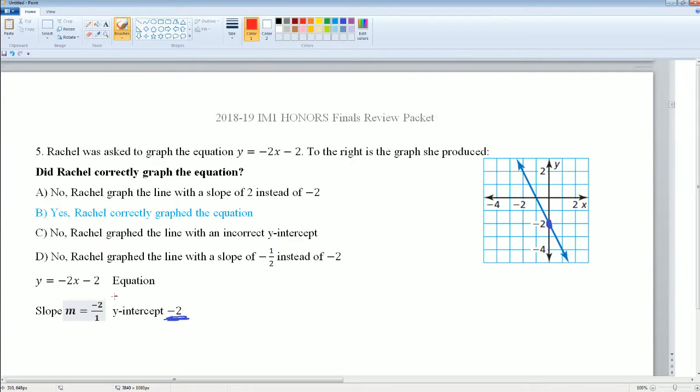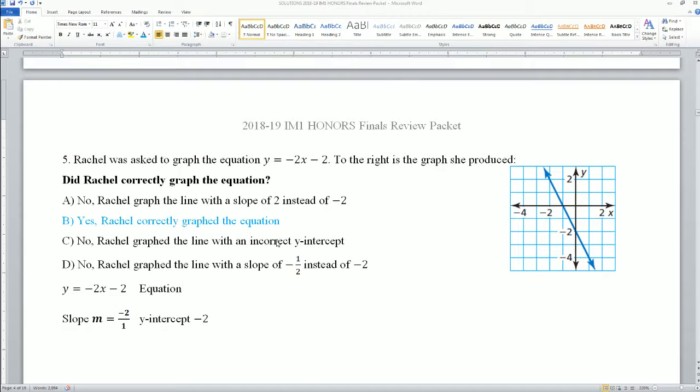The slope here says I go down, and this says I need to go to the right. So I go down 2, then I go right 1. So there you go. That is why it's graphed correctly. Alright, so there you go. That is the first part of the final review, 1 through 5.